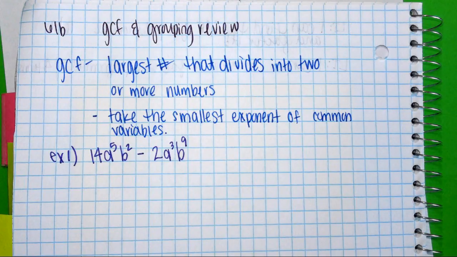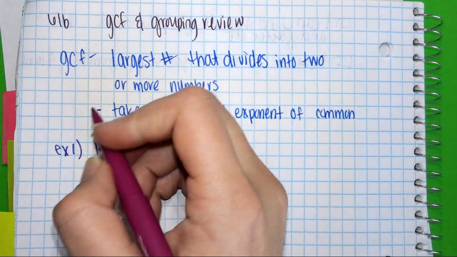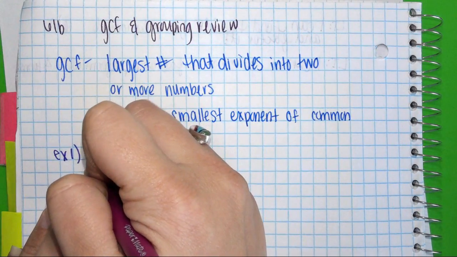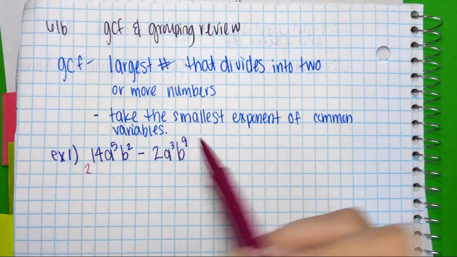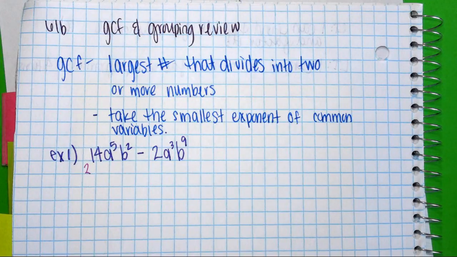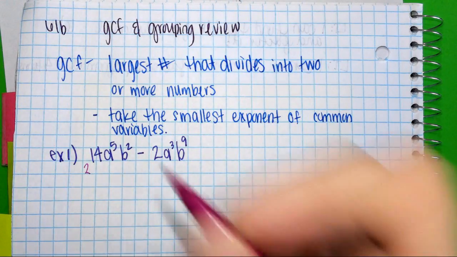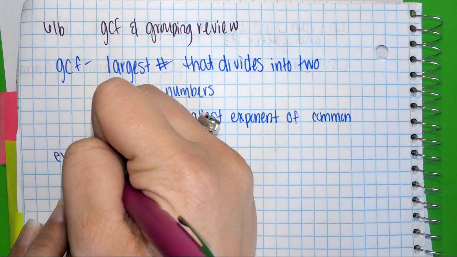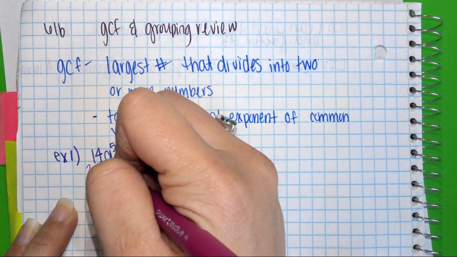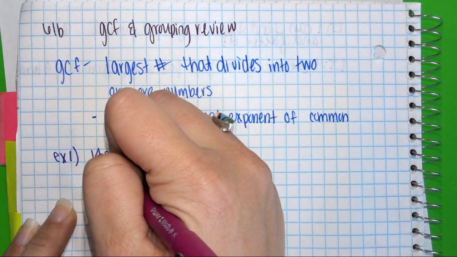Alright, what's the biggest number that goes into both 14 and 2? 2. 2 is the biggest number that goes into both of those. And then, do they have common variables? Yes, common variables means they have the same variable. So we have to take the smallest one. Now, of the a, what's smaller? Okay, so we're going to factor out an a cubed. And of the b's, what's smaller? 2.